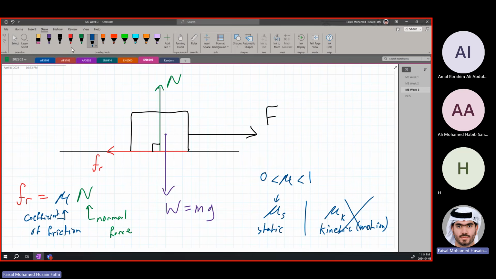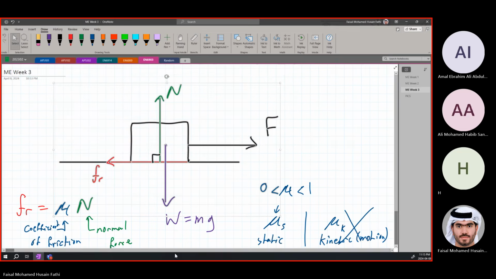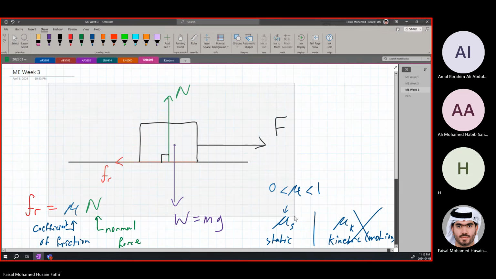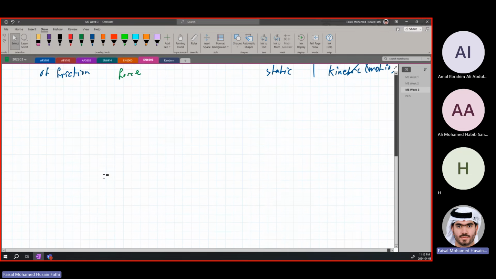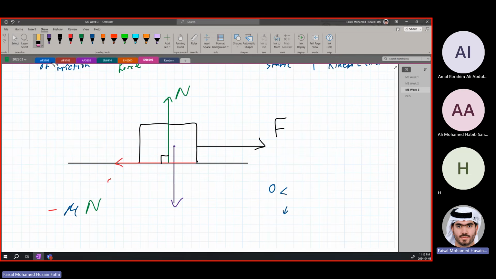So let's say we have the exact same case, but we are considering that the surface over here is a smooth surface.